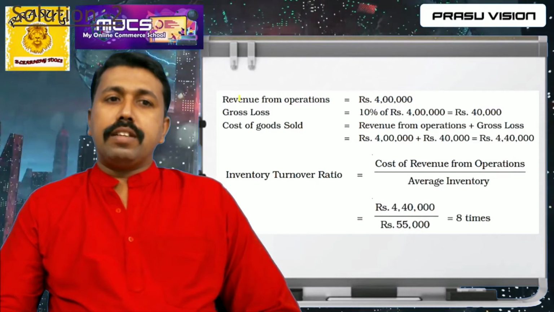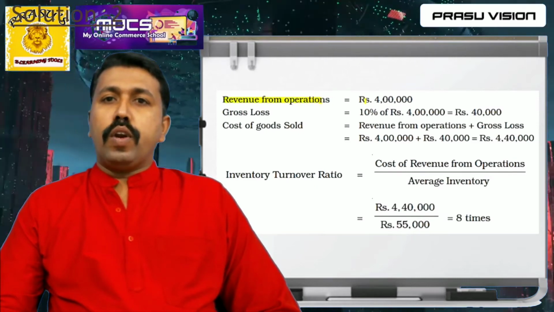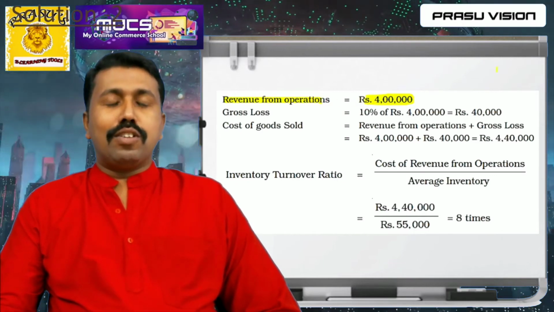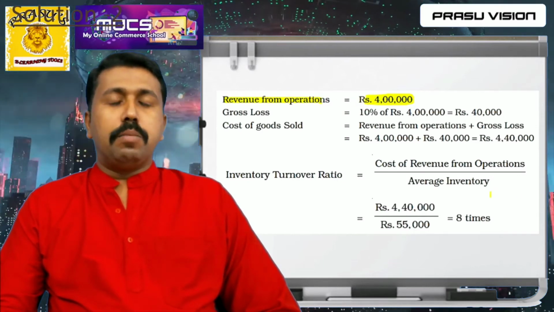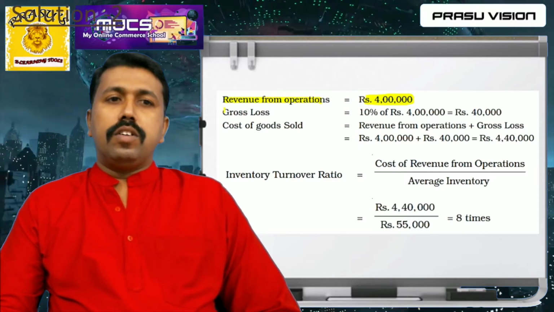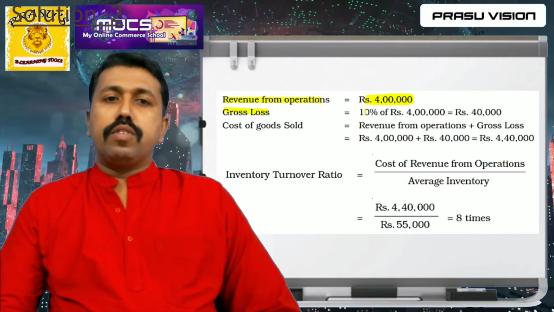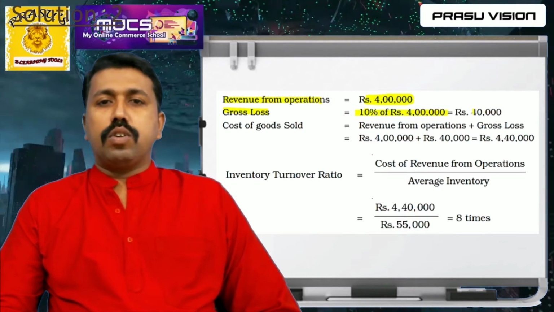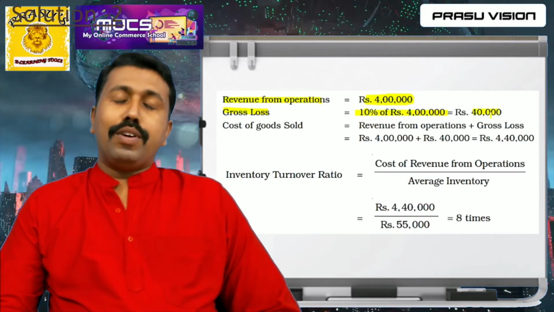Revenue from operation is 4 lakh. Don't consider revenue from operation and cost of revenue from operation to be the same; both are different. The amount of gross loss is 10% of this 4 lakh, so the gross loss is 40,000.